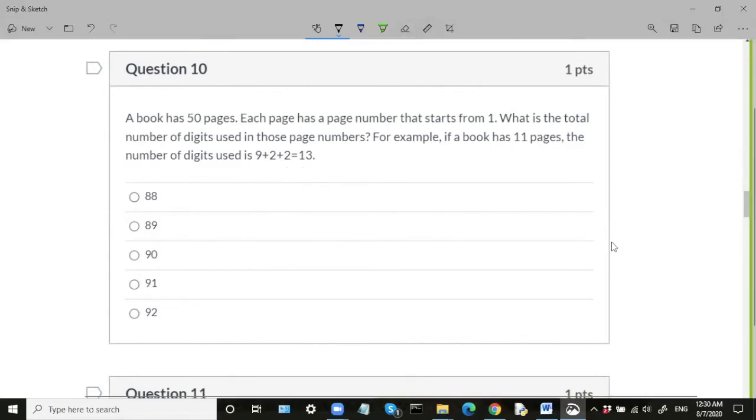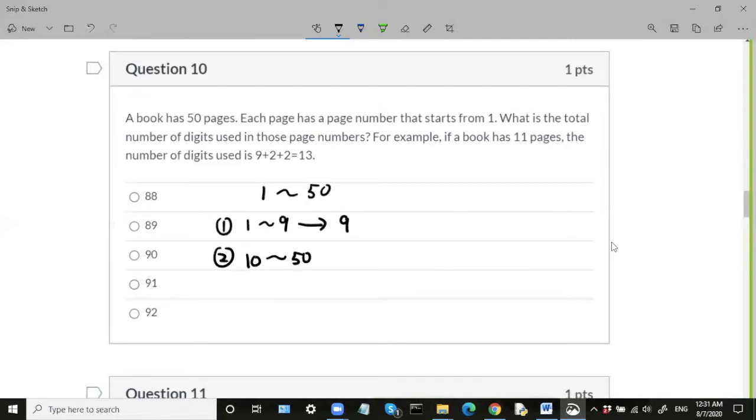Okay. And we have a book with 50 pages. So that's 1 to 50. The first, from page 1 to page 9, we just have 1 digit on each page. So that is a total of 9 digits. Okay. So then we have the numbers from 10 to 50.